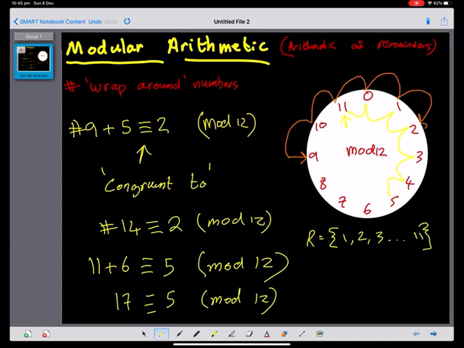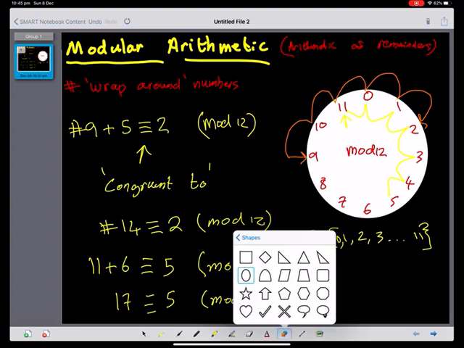Because if you get a remainder of 12 or greater, obviously the number of times 12 goes into it increases. So you can't have an integer remainder of 12 or greater, because 12 divided by 12 gives a remainder of 0, which means we need to insert a 0 into our residues.